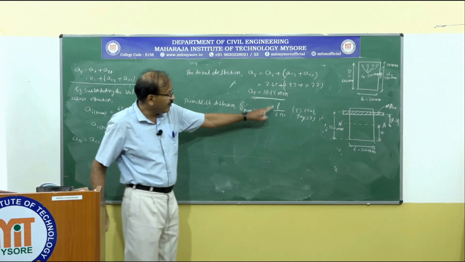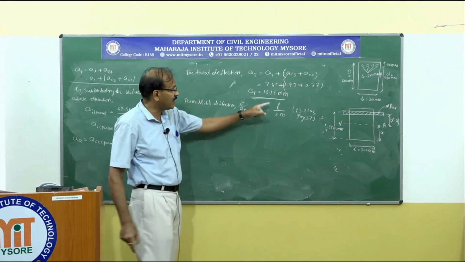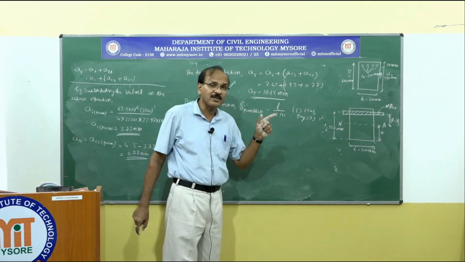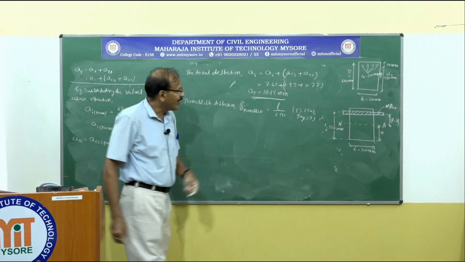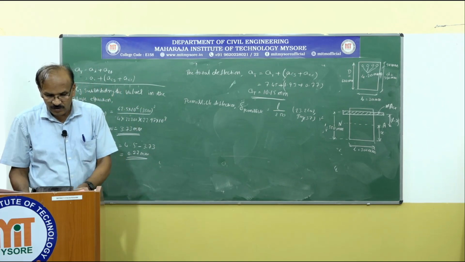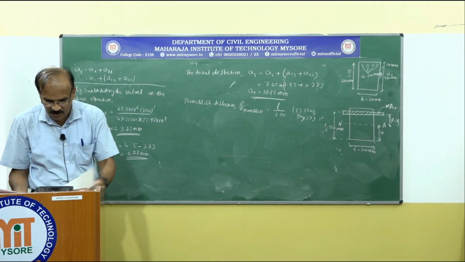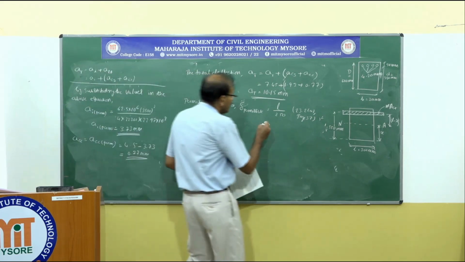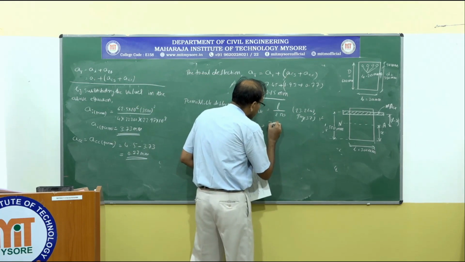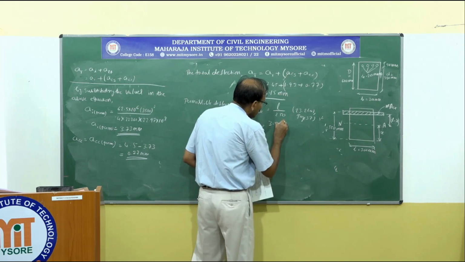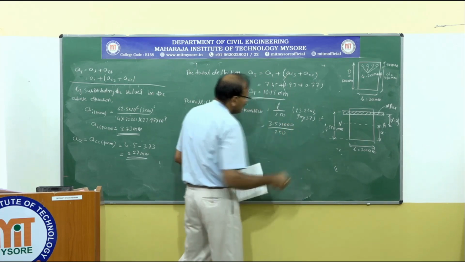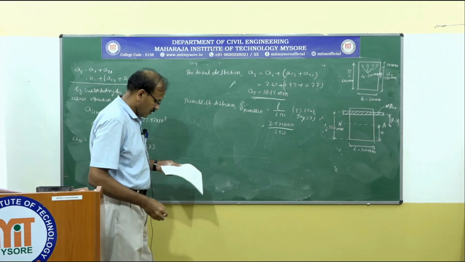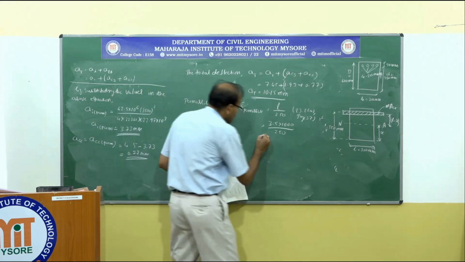This is the span divided by 250. In case of cantilever, we are not going to call this span, instead we are going to call this length. Okay. So what is delta permissible? Delta permissible is 3.5 meter into 1000 divided by 250. So that is equal to 14 millimeter.